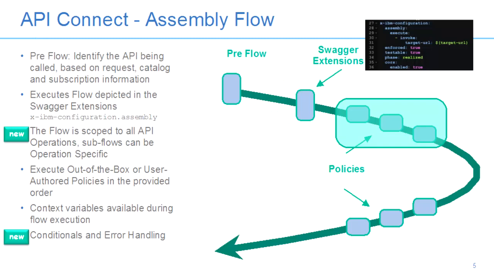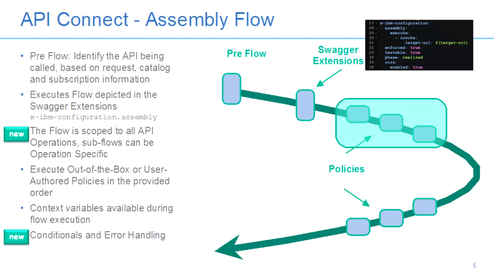One main difference that I want to call out here is that now, as you look at a flow, you're going to see a flow that covers the entire API, in contrast to how it was before, where you would define flows on a per-operation basis. We believe that is a step in the right direction, so you don't have to code very similar flows for different operations.